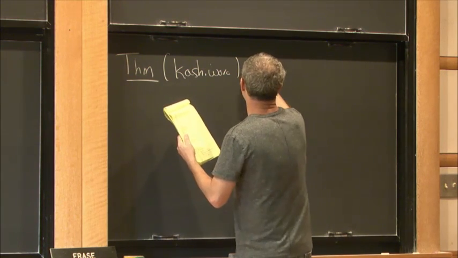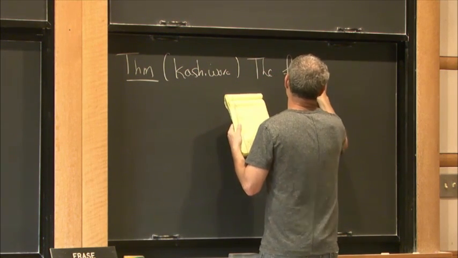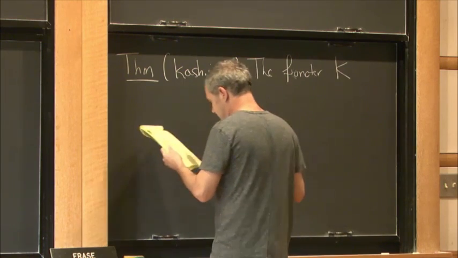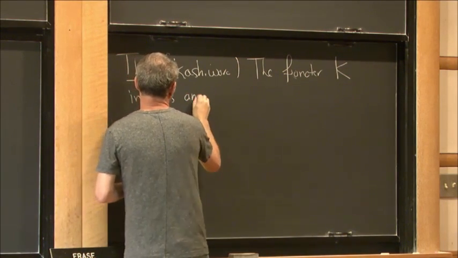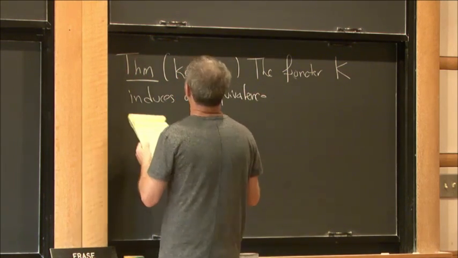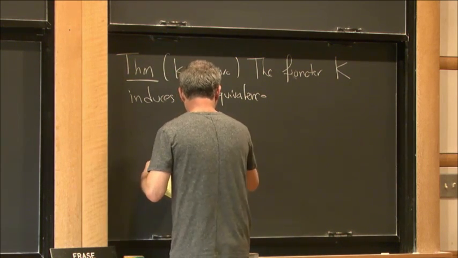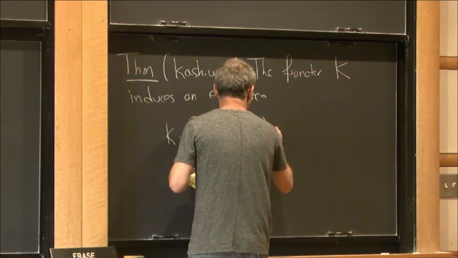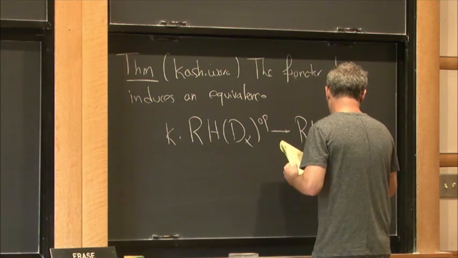The Kashiwara functor K induces an equivalence K from RH of D_X, op, to RH of D_X bar.